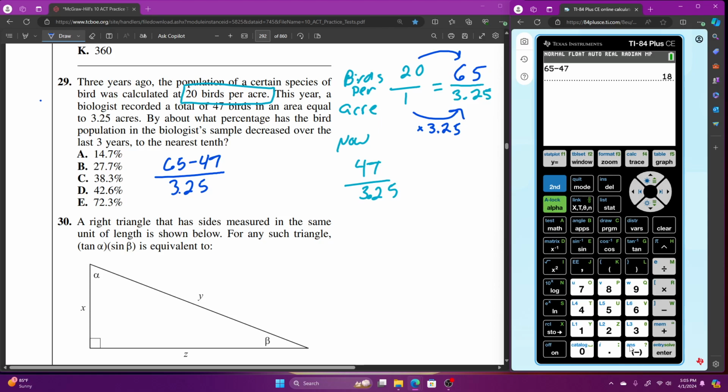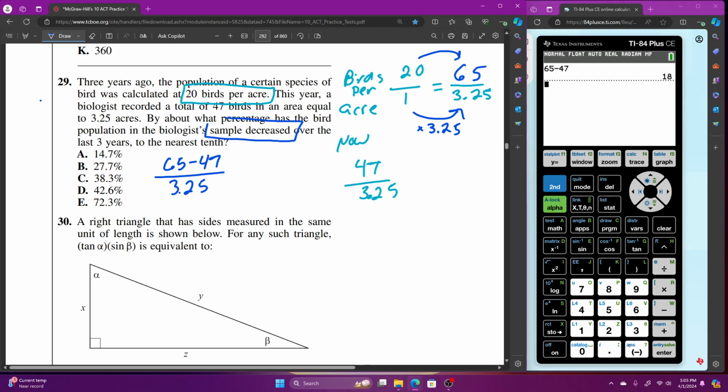So we decreased by 18 birds. Let me reread this. What percentage has the bird population sample decreased? So we decreased by 18 birds over the last 3 years to the nearest tenth. Out of how many birds did we start with in our sample? We started with 65. My bad.